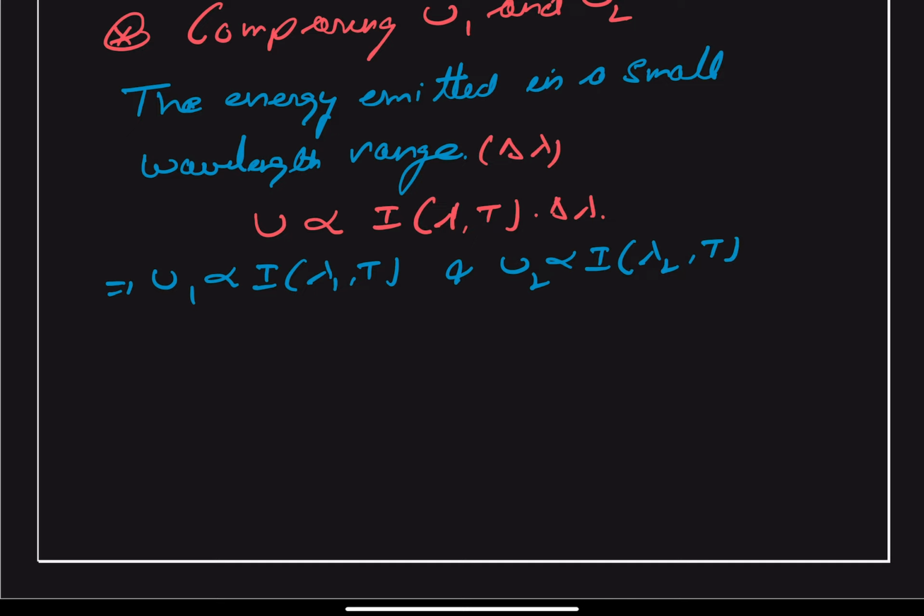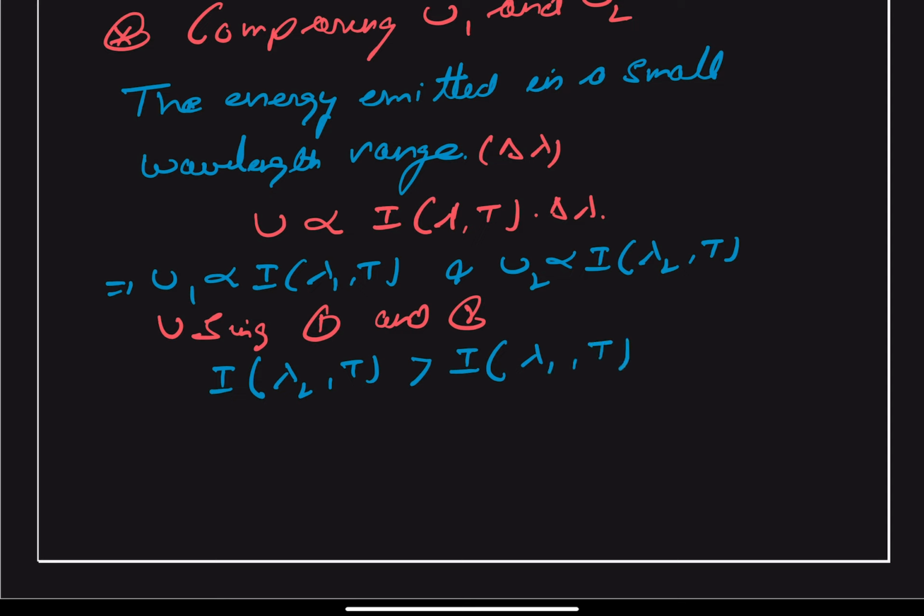If we make a comparison using equations 1 and 2, we can easily say that the intensity at wavelength lambda 2 and temperature T is greater than the intensity at wavelength lambda 1 and temperature T. So this gives us that U2 is greater than U1.